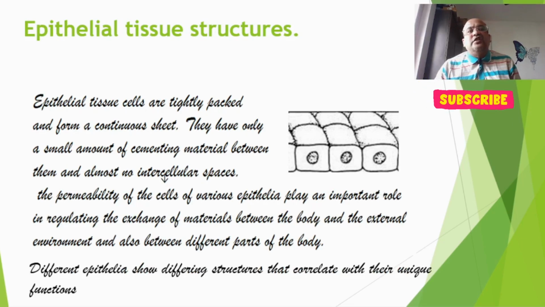Now let's see the structure of epithelial tissues. Nicely, beautifully arranged cells with a prominent nucleus. The cells of this epithelium are tightly packed and form a continuous sheet, just like the beads on a corn cob are arranged.